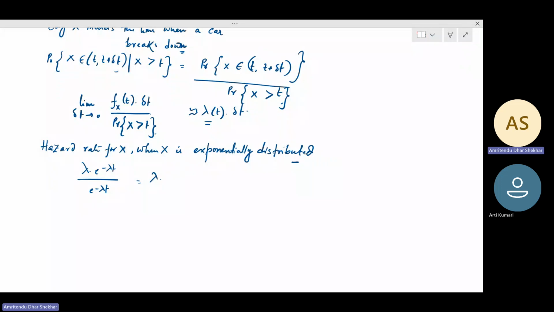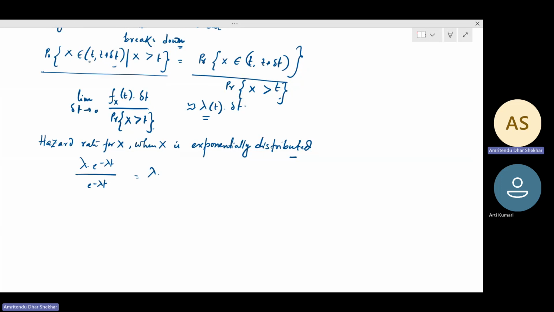Hence, you can also see this from the memoryless property.